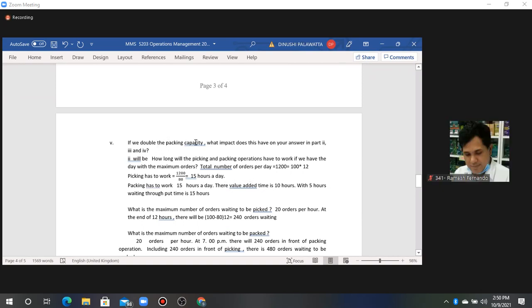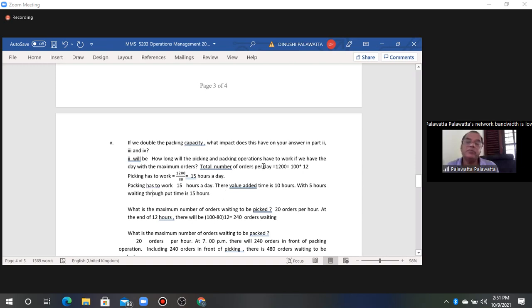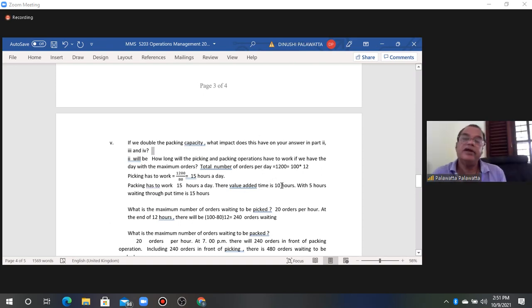Packing capacity is doubled, which means they can process 120 customers per hour, right? But you have 1,200 orders. 1,200 divided by 120 equals 10.